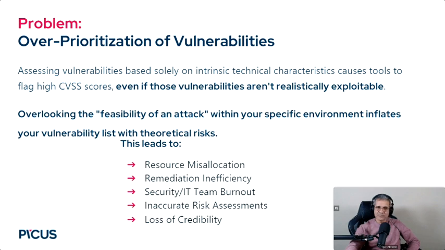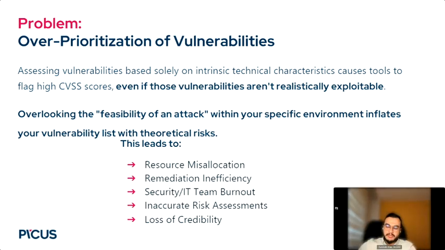CVSS presents us the vendor's view of the vulnerability, and it considers the vulnerability in isolation, and it considers it to be accessible by itself. However, we are not using these tools by themselves. We are connecting them to other devices. We are using them in enlarged networks. So when CVSS is considered, it's considered for a single unit of that entire network.